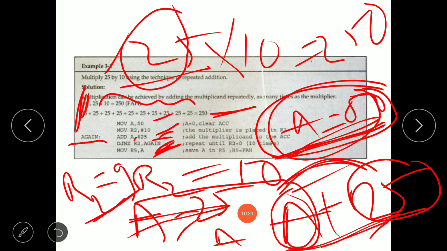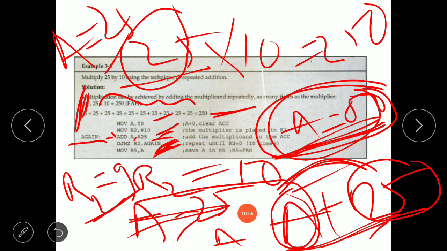Again 25 will get added to A. After the first time, after adding 25 to the initial accumulator value 0, the result in the accumulator was 25. Now we have again jumped to this loop.